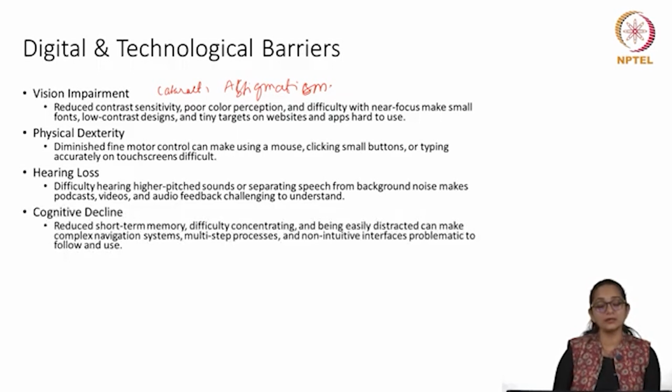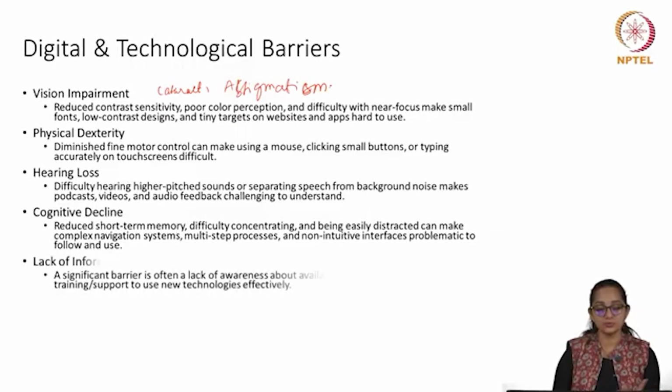Cognitive decline: there may be reduced short term memory, difficulty in concentrating, and difficulty in maintaining concentration for longer durations through multi-step processes. And non-intuitive interfaces may cause problems in use.